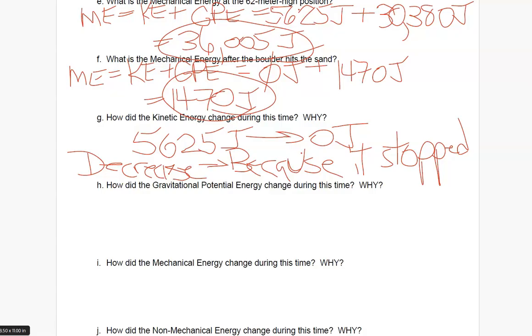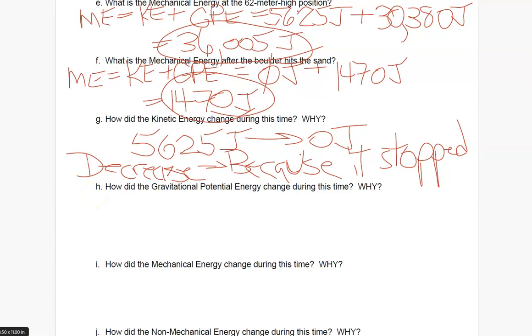All right, part H. How did the gravitational potential energy change during this time, and why? Well, in this case, we have the boulder falling, so it's going to be dropping in height and therefore dropping in gravitational potential energy as well. Well, we already calculated these values.